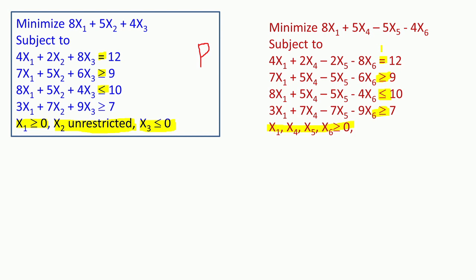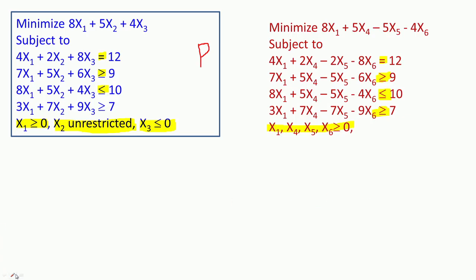So, this will be written as two constraints, one with greater than or equal to 12, the other with less than or equal to 12. Now, the less than equal to 12 constraint we will keep it as it is. The greater than equal to 12 constraint we will again multiply with the minus 1 so that it becomes less than or equal to. Now, let us see the effect of all these changes.